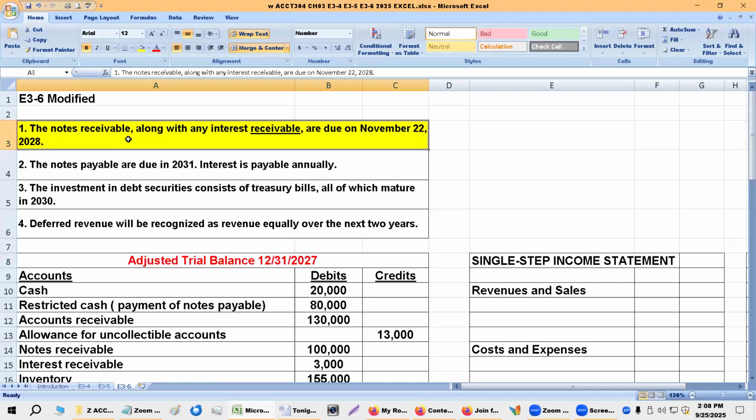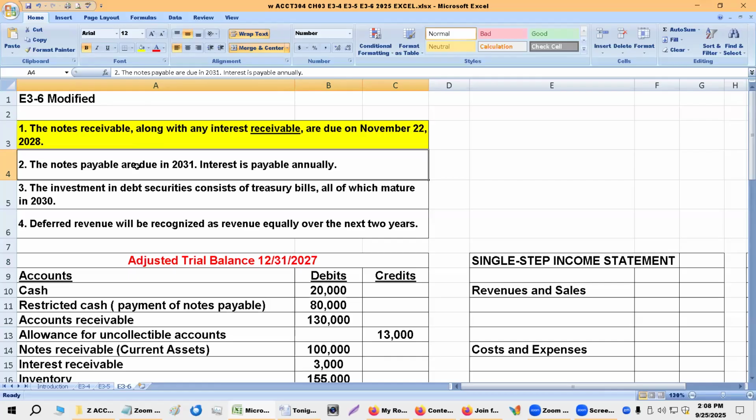Will they be short term? Less than a year. So I'm just going to put that note by it here. Notes receivable, these are going to be current. And again, that is kind of a funny way to write it, because it sounds like we have to owe them, but it's not.